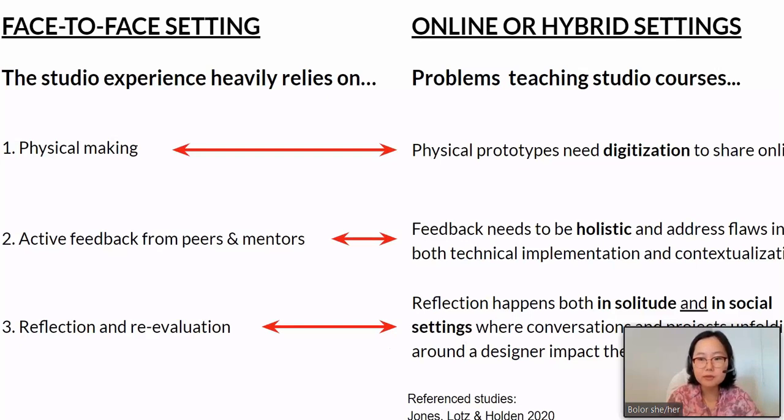So with physical prototypes, they need some form of digitization to be shared online. Feedback needs to be detailed and holistic, addressing flaws in both technical implementation and also contextualization of the work.